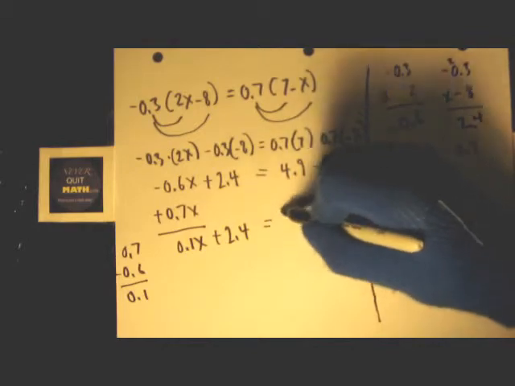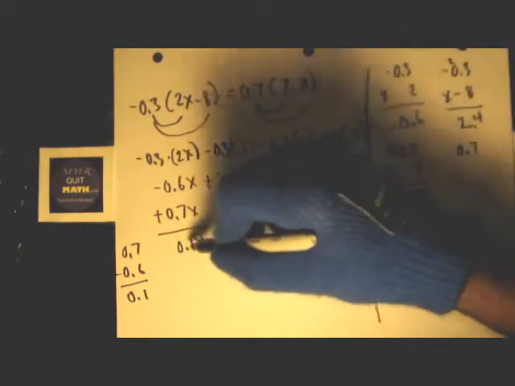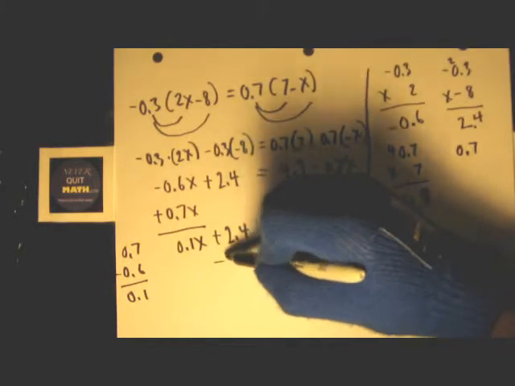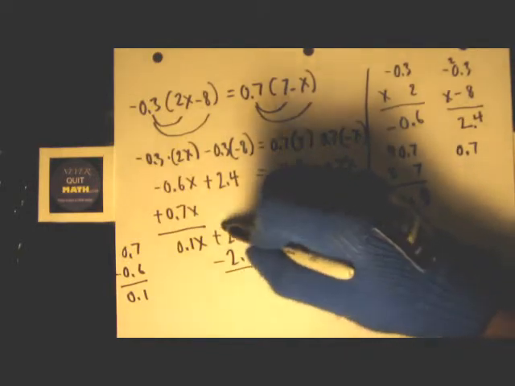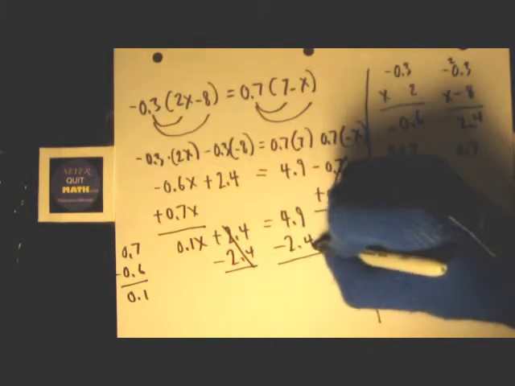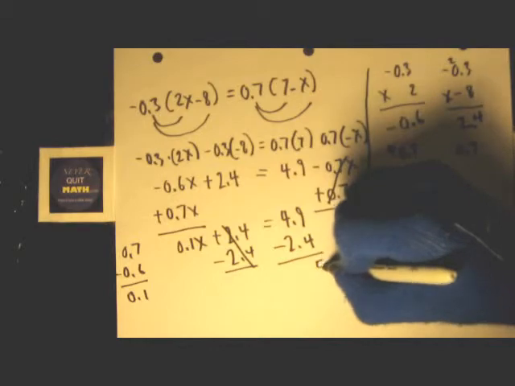2.4 equals 4.9. Now we're just solving for x. To solve for x, you want to get rid of the addition and subtraction part first. So we subtract 2.4. This cancels out. Subtract 2.4 here, and remember, when we subtract, we line up the decimal place and make sure they match. 9 minus 4 is 5. 4 minus 2 is 2. You got 2.5.